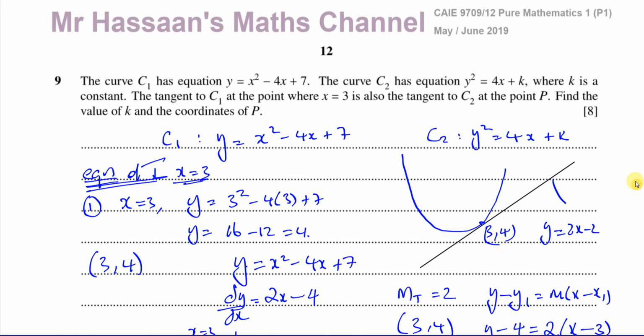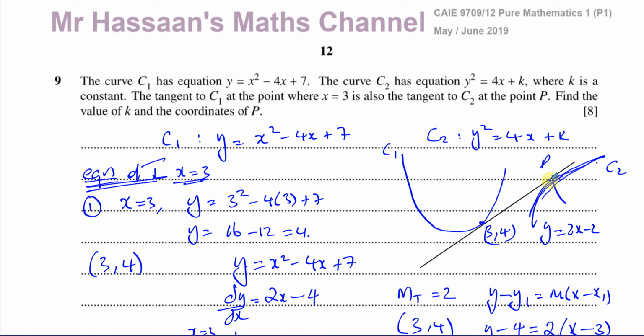What we also know is it's going to meet this other curve. I don't know how the other curve looks. I'm going to assume it's going to be like this, but it doesn't really matter. We're not asked to sketch it. We know that for the other curve, curve 2, its gradient at the point P will be the same as the gradient of this line.